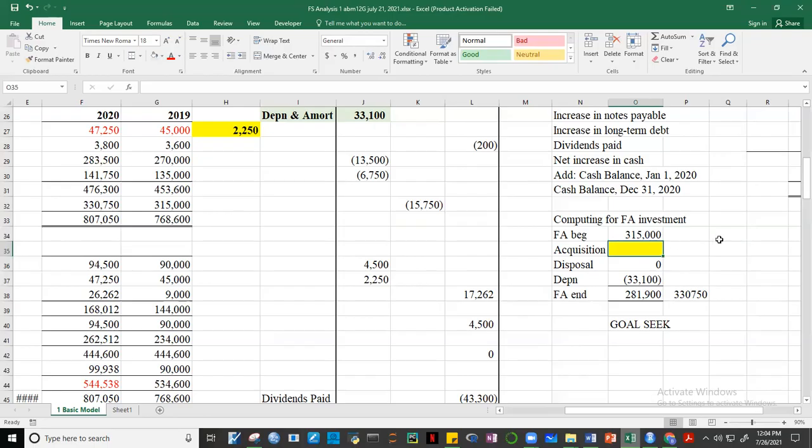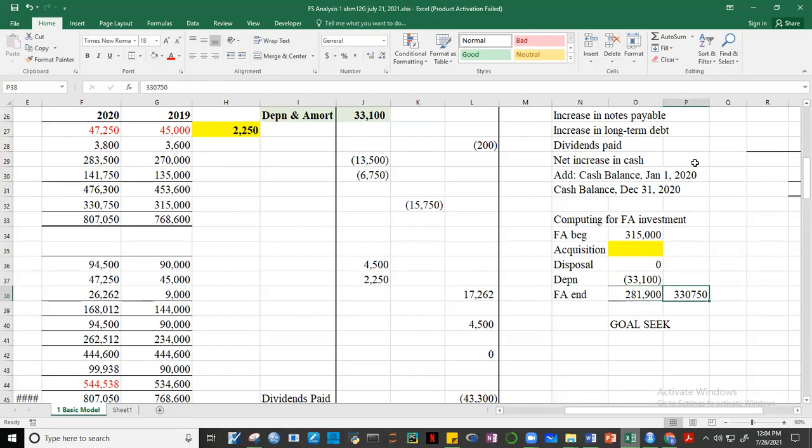Ito yung unknown natin, yung acquisition, which we were able to show a while ago based on sa answers ng mga classmates nyo. It's 48,850. Disposal. So kompleto to, guys. And at the end, ang FA end will be this plus this, which is already negative. Ang lumalabas sa atin dito ngayon, 281,900 na mali kasi dapat ang ending 330,750.